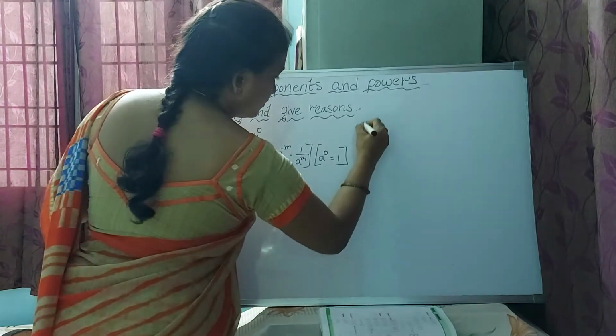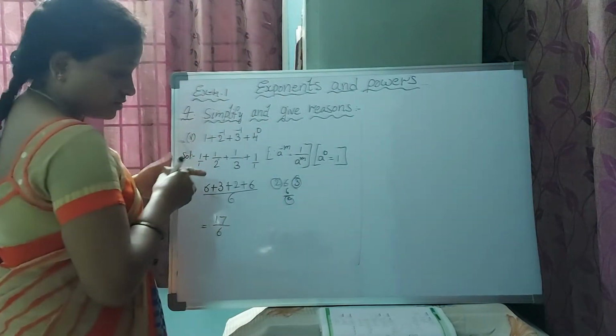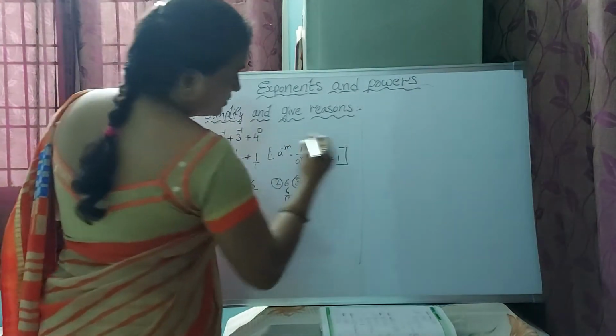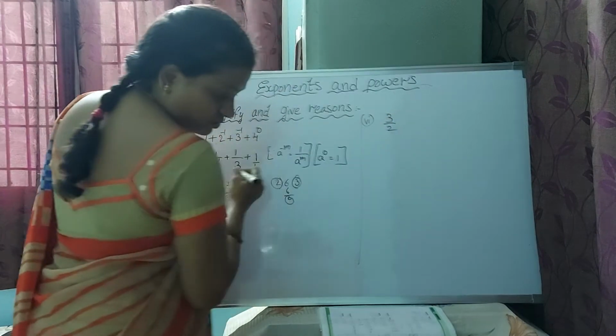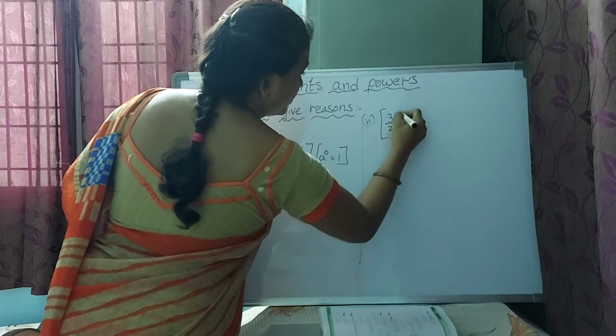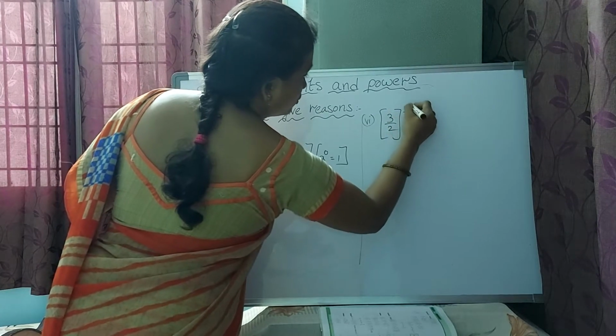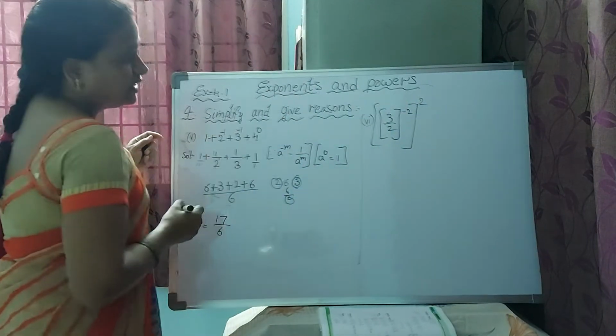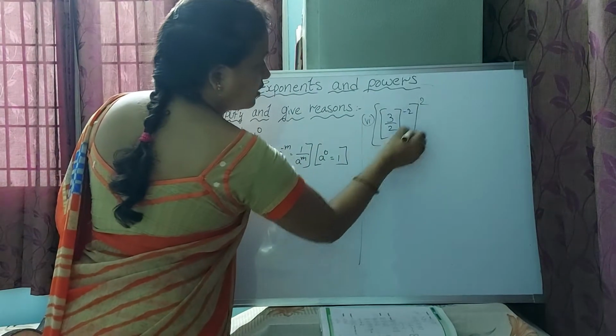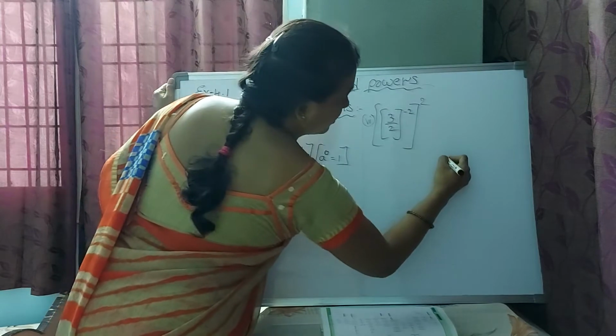See the next one, sixth one. 3 by 2 whole power minus 2 whole power 2. First I want to change this one. According to which law?